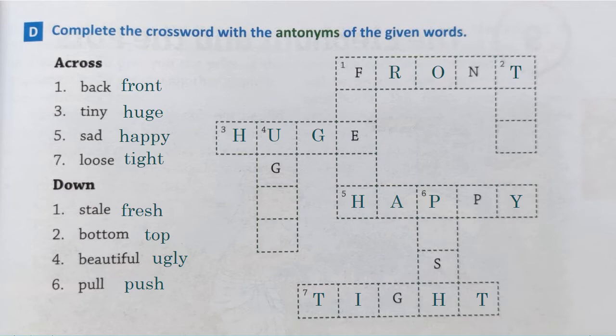Then we will go to down: stale, fresh. Bottom, top. Number 2, down. Beautiful, ugly. And the last word, pull, push.